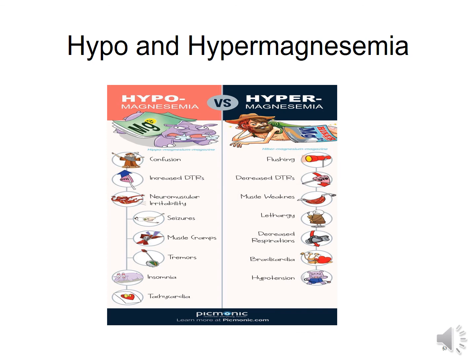Just all of those things there on the left-hand side. Neuromuscular irritability, tremors, and so forth. Hypermagnesemia, they may have flushing, and DTR stands for deep tendon reflexes, okay? So they may have decreased deep tendon reflexes.